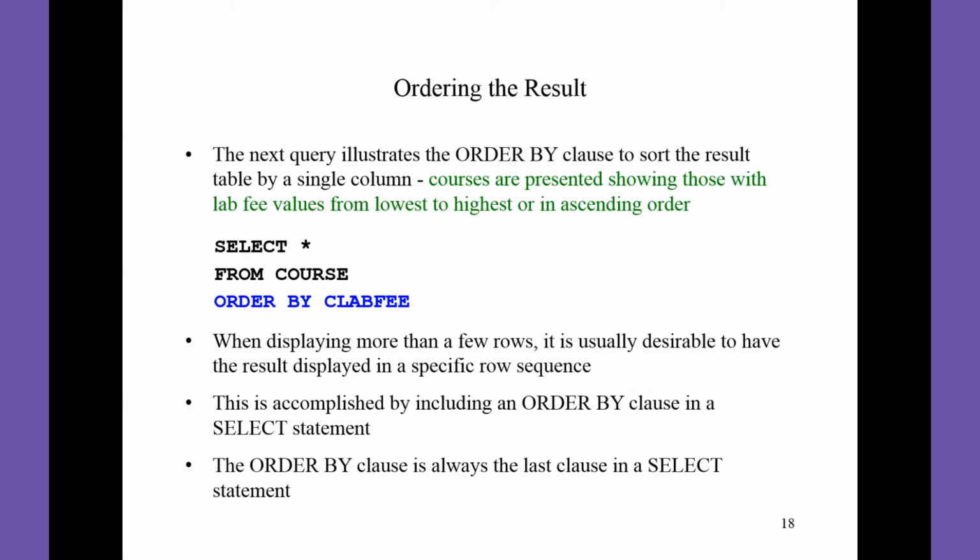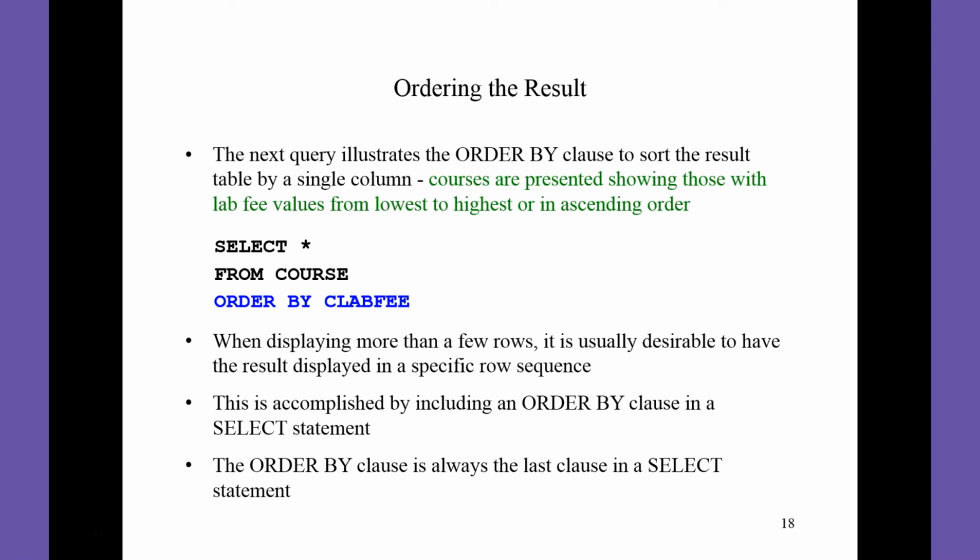Now, here we said ORDER BY lab fee, and the rows are returned with lab fees going from smallest to largest, ascending sequence. That's the default order. We also can make this explicit by saying ORDER BY C.lab_fee and adding ASC for ascending.